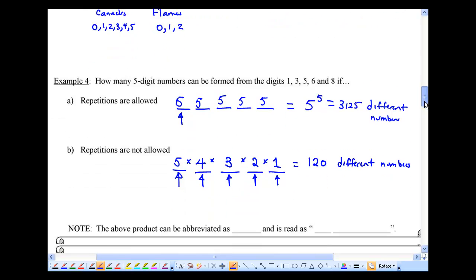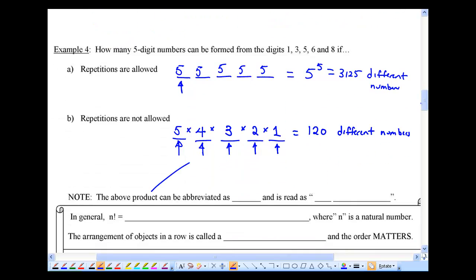Now, this above product here is really special because when you see a whole number multiplied by the preceding whole number and the one after that and one after that, with this pattern of going down to 1, there's a new notation that math people use to represent that. This can be abbreviated as 5!.